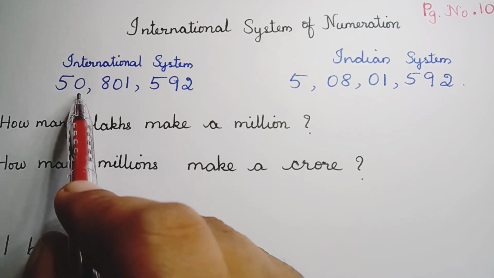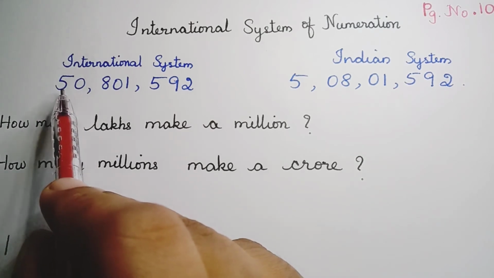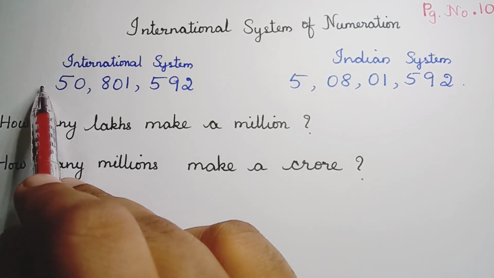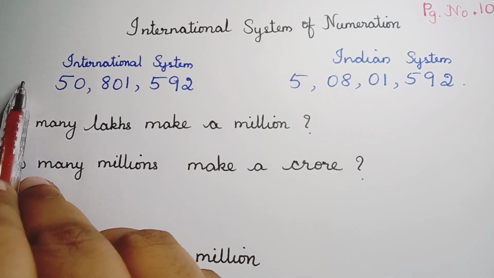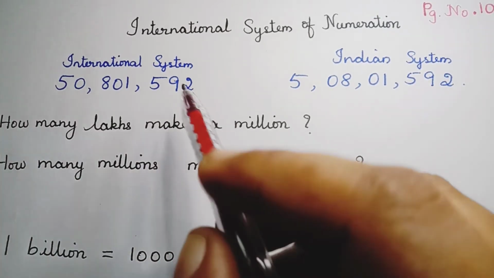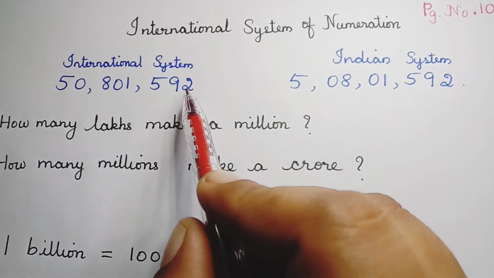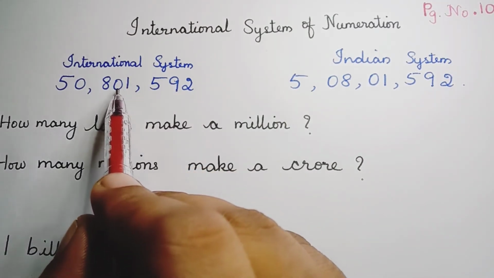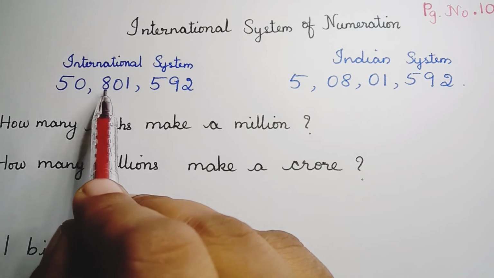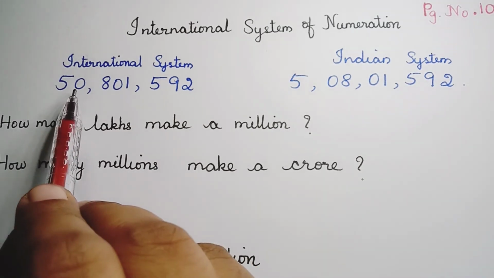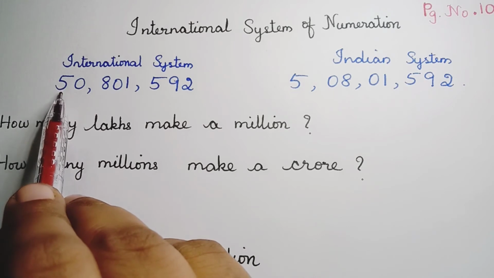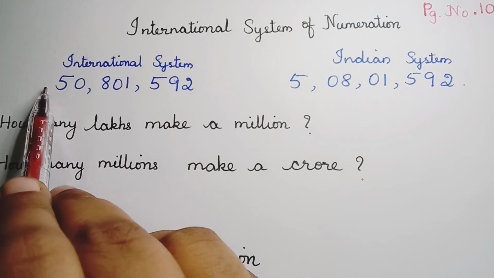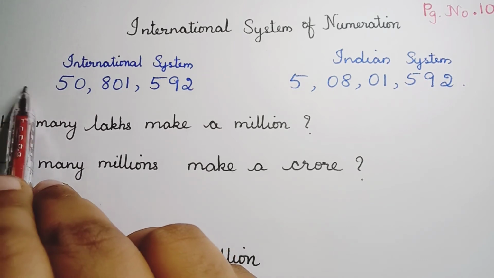So I repeat again: ones, tens, hundreds, thousands, 10,000, 100,000, then 1 million, 10 million, 100 million, and the next step will be 1 billion. Okay.